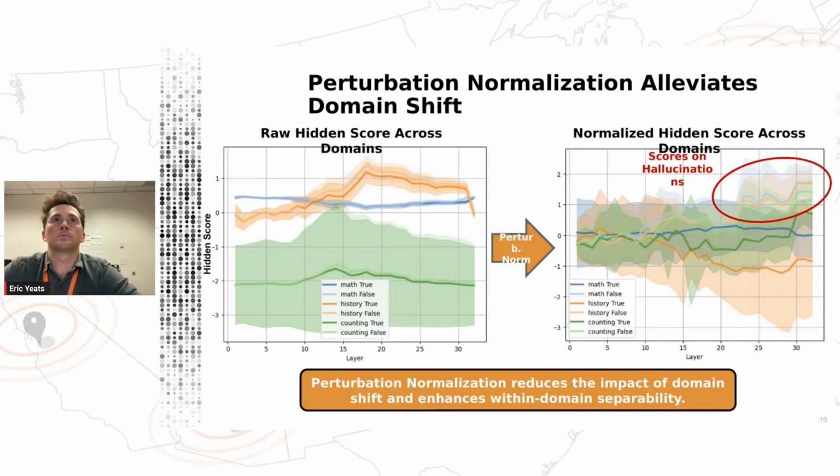So once we do that, we can see on the left is the original raw hidden scores, but then we apply perturbation normalization to each of those hidden scores.